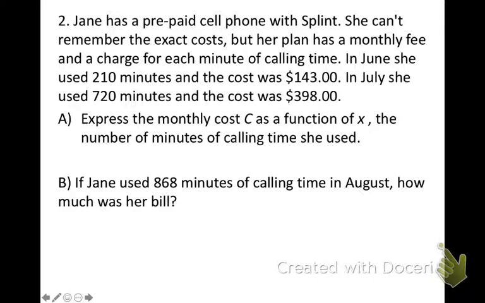That can be written as a point (210, 143). And then in July she used 720 minutes and the cost was $398. So again, we can write that as a point (720, 398). All right, so if I have 2 points, those 2 points will allow me to find my slope.